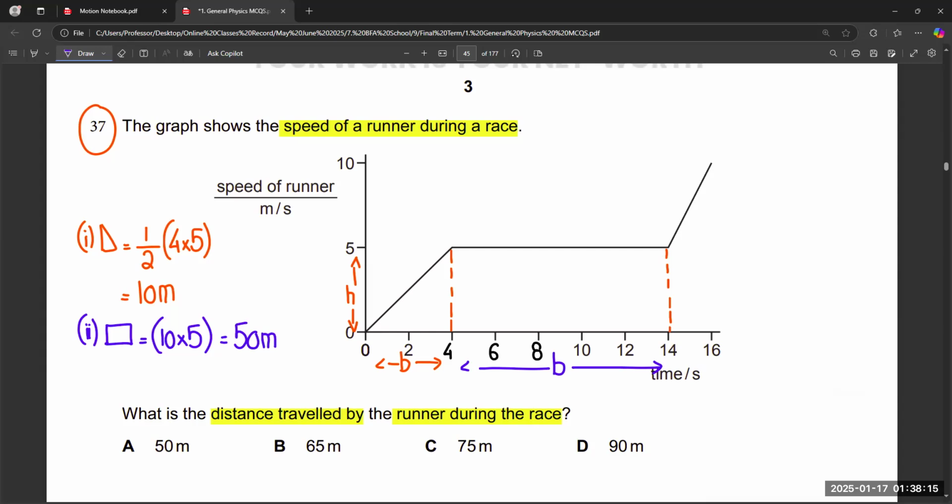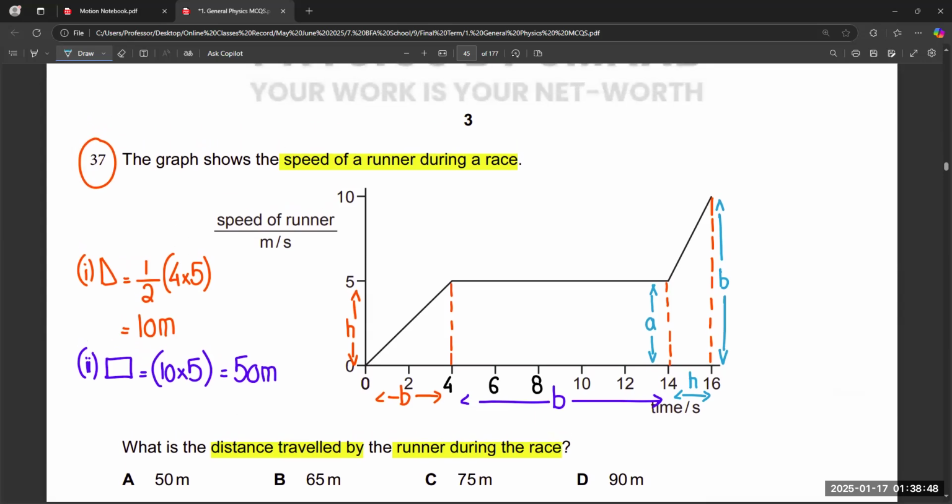And the last is the trapezium. So this is H, A, this is B. The value of A is 5, B is 10, H is 2.